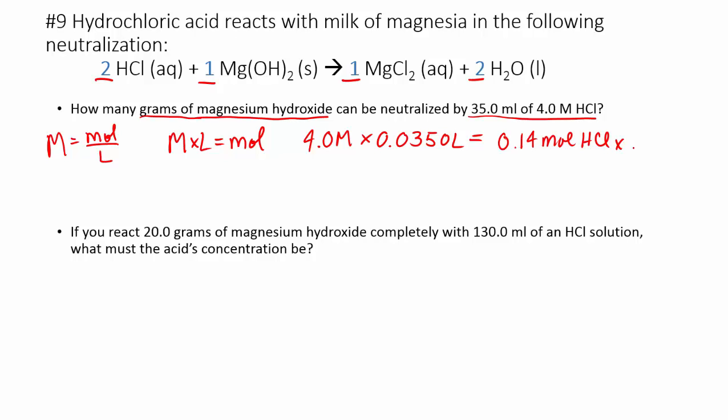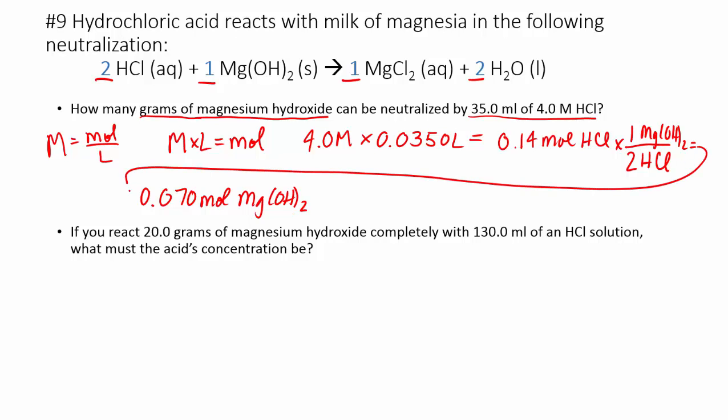I'm trying to find magnesium hydroxide. So my next step is going to be to use that mole ratio. So I know for every 2 HCl's, I'm going to need 1 Mg(OH)2. So 2 to 1 mole ratio, that means that I need 0.070 moles of Mg(OH)2. I just kind of put my answer down here.